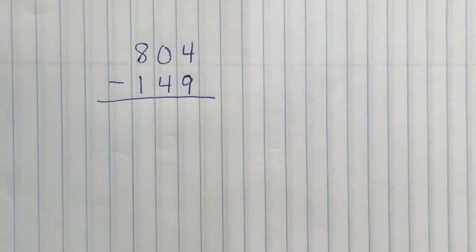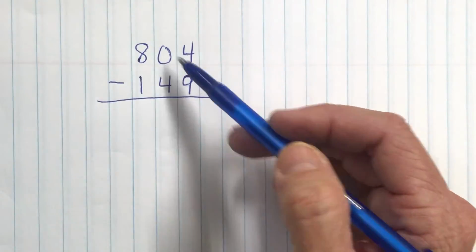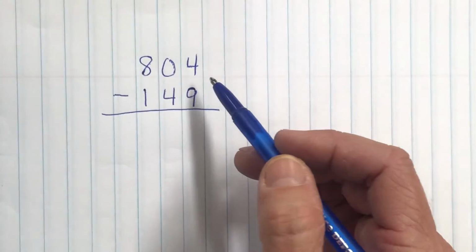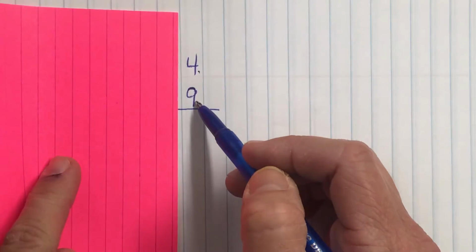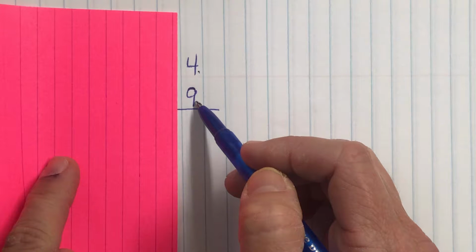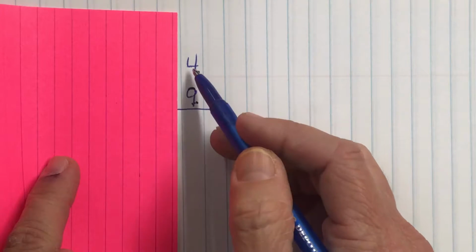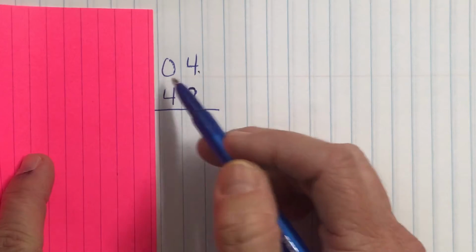Make sure you have that written down on the paper. Turn your paper sideways so that you can use the columns. Okay. 4 minus 9. Yes, I hope you said problem. That is a problem. We have more on the floor.